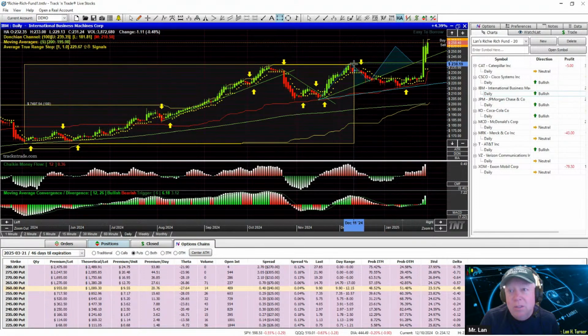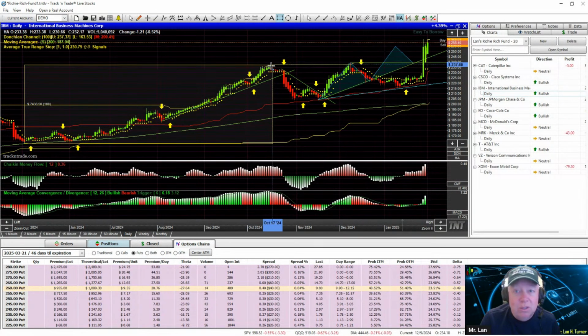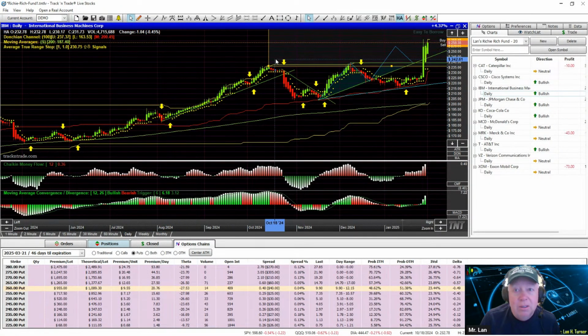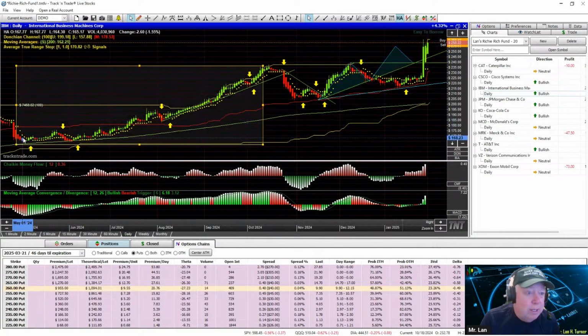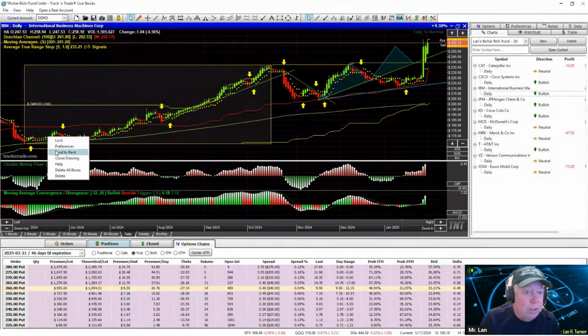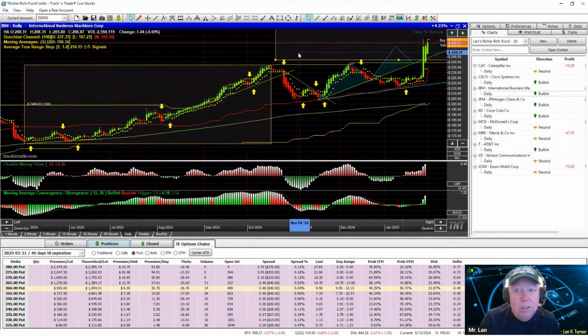That Darvis box is struggling. It kept going back, didn't stay up there. I think we got this little tool here called clone the drawing. So there, we put that like that. That's the next Darvis box.